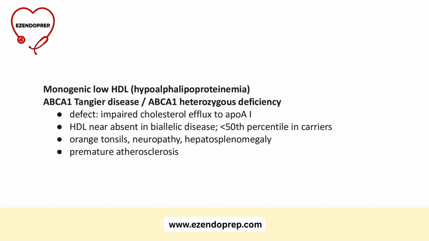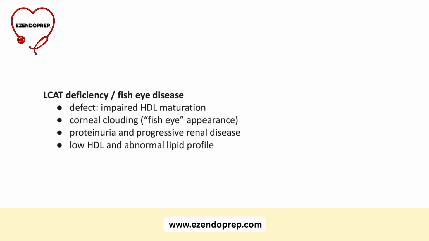Extremely low HDL, orange tonsils, hepatosplenomegaly, neuropathy. Here there is impaired cholesterol efflux from macrophages to ApoA1. LCAT deficiency is the one with the corneal opacity, eye like a fish. Familial LCAT deficiency or fish eye disease has low HDL, corneal opacities, anemia, and renal disease.